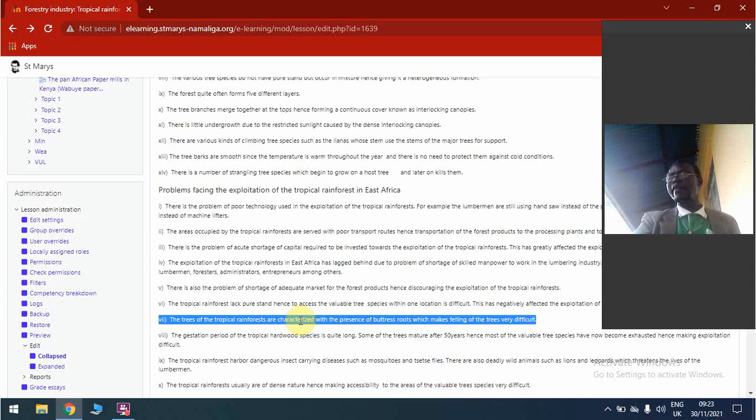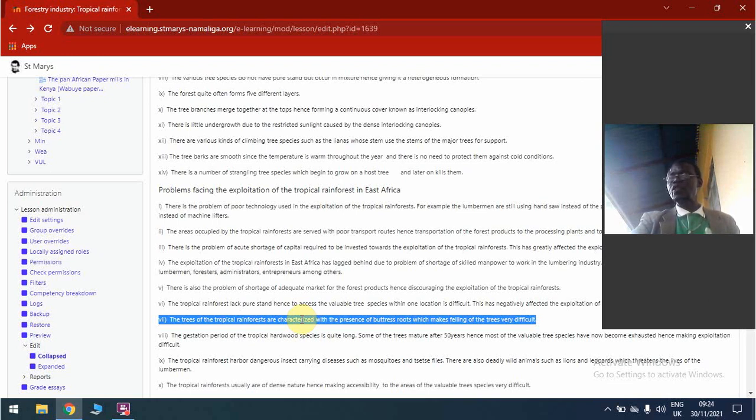Besides, we also have another physical problem of the tropical rainforests, and that is the presence of buttress roots. These buttress roots are enormous, very huge roots that project above the level of the ground. And yet this is the spot where the trees have to be cut from the ground level.